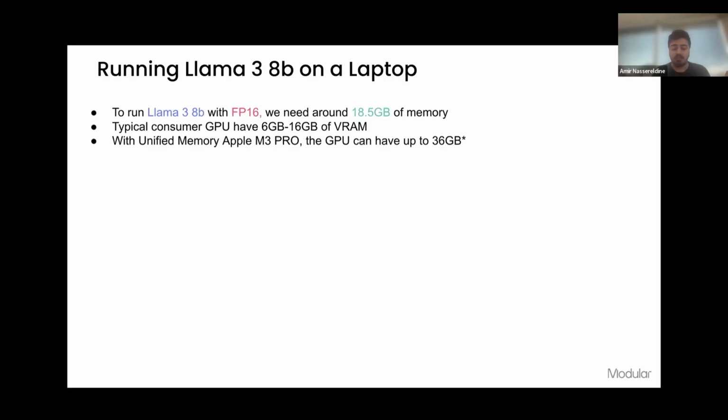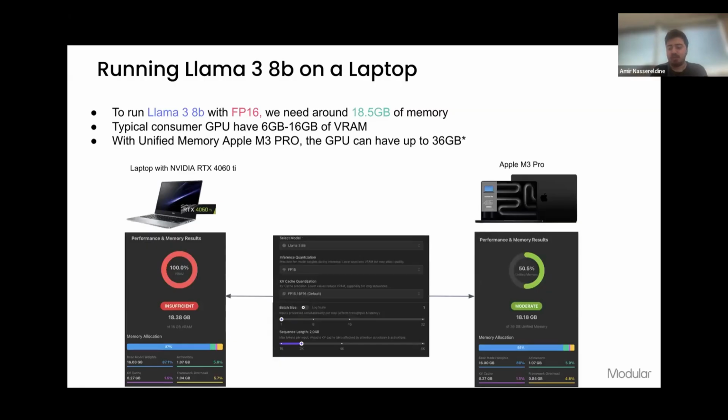But Apple has unified memory, because the GPU and CPU share the memory, which allows up to around 36 gigabytes. So this would enable us to run a Llama 3B or Llama 3 8B model in FP16, without much quantization, on an Apple GPU.